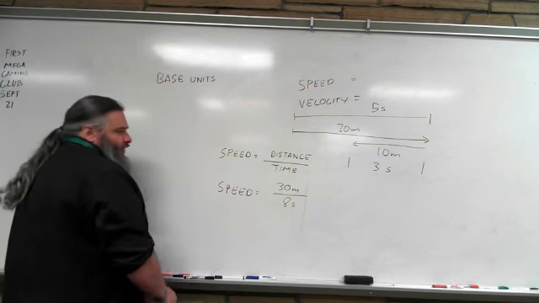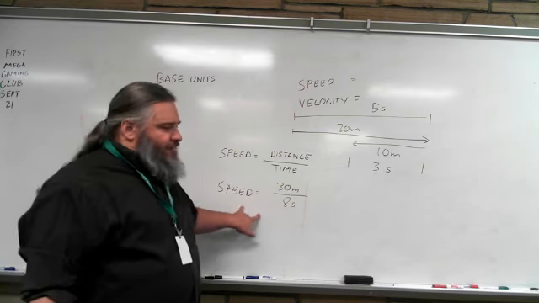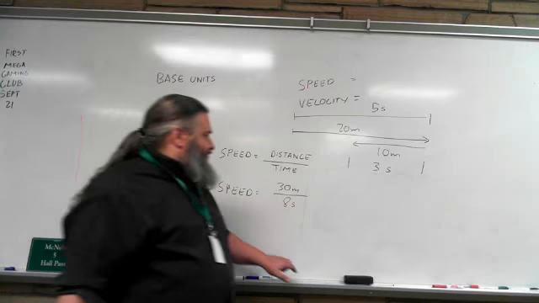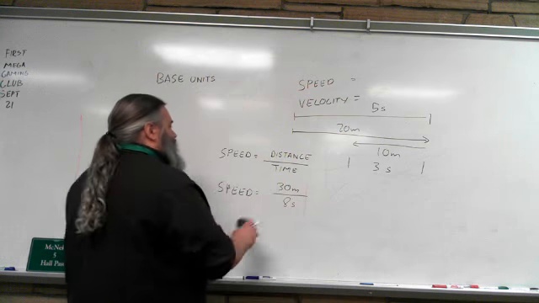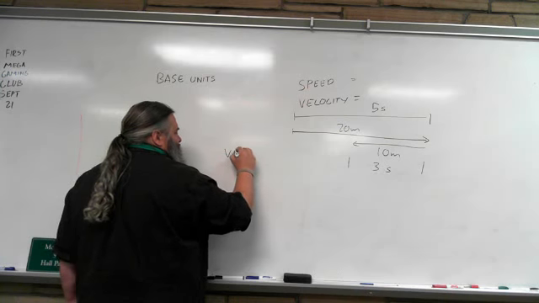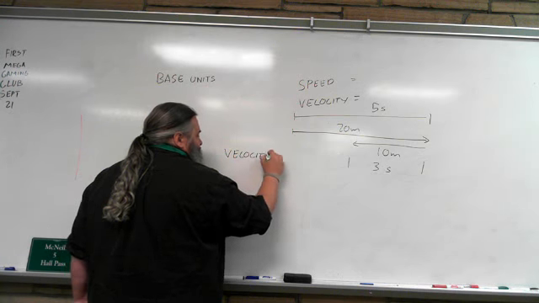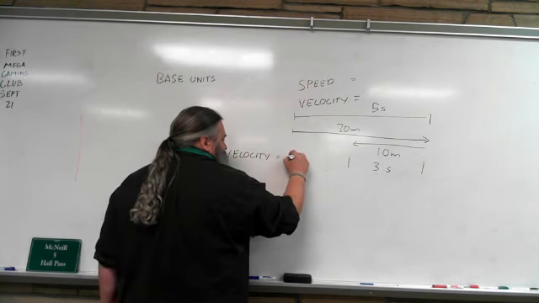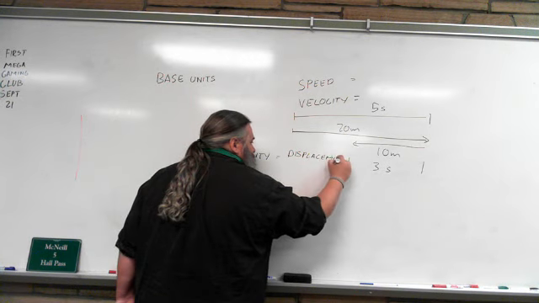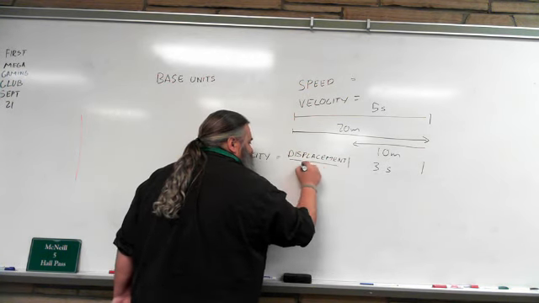Now, what about its velocity? I'll give you guys a second if you haven't written this down. Okay, looks like everyone's done. Velocity. Unlike speed, velocity is displacement over time.